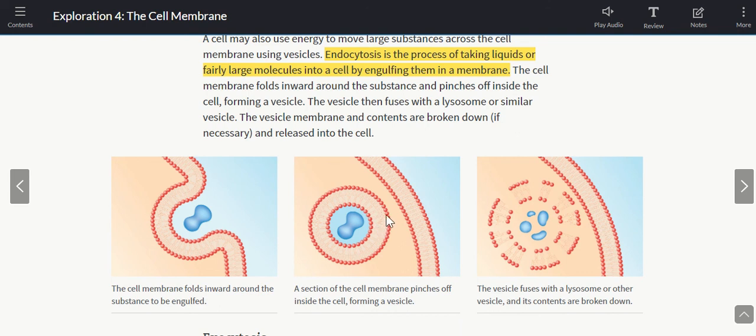And then the membrane that was created around it, as it pinches into the cell, dissolves and is broken down, and the substance is then released into the cell. All right, so this is what happens when a cell needs to absorb a large molecule. Now, this could be a signaling molecule, could be a lipid from another cell, but whenever it's a large molecule that can't even fit through a protein, we have to do something like this.